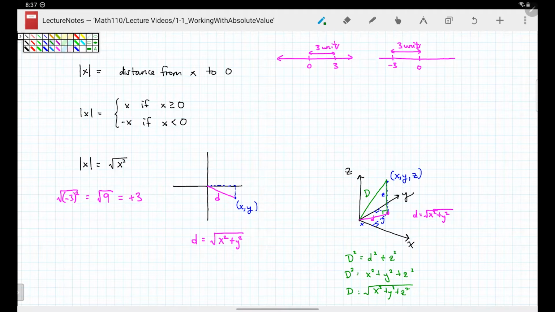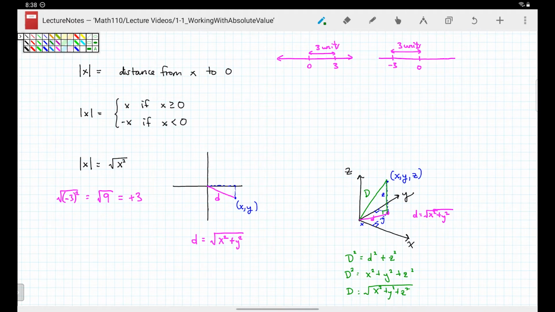So if you look at 2 dimensions and 3 dimensions, there is this consistency of the format of the formula for the distance from a point to the origin.